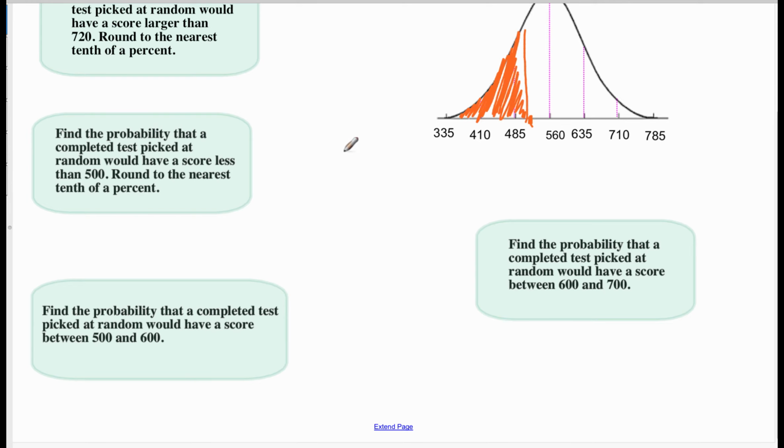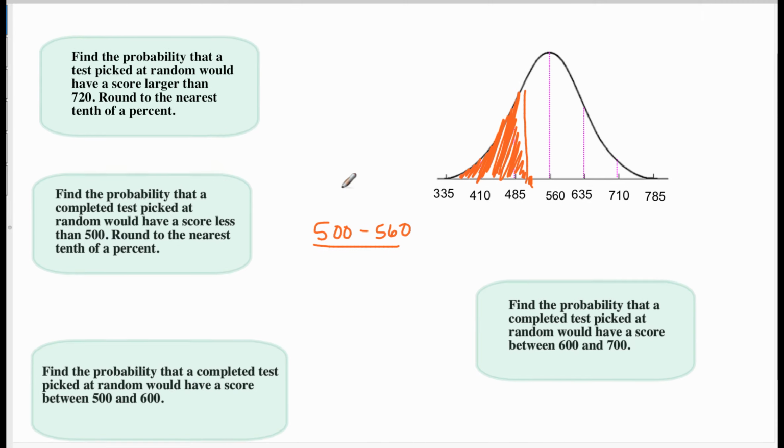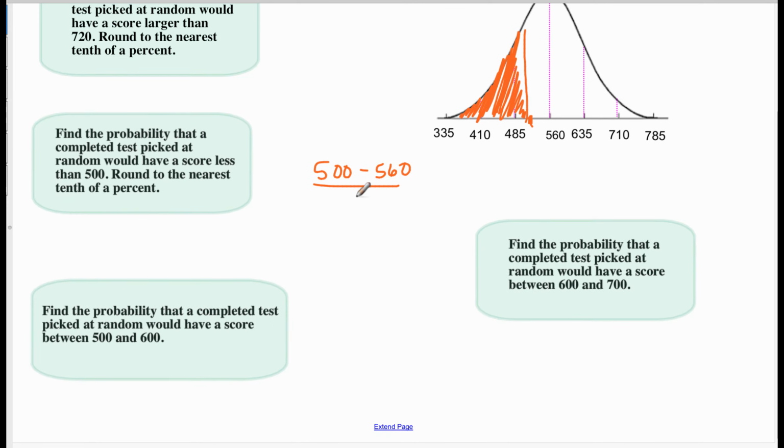Well, just because we're doing z-scores today, I'm going to do it by z-scores. 500 minus 560 divided by my 75 equals negative 60 over 75. And negative 60 divided by 75 is negative 0.8.